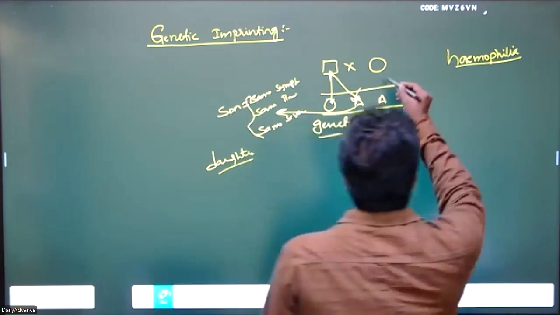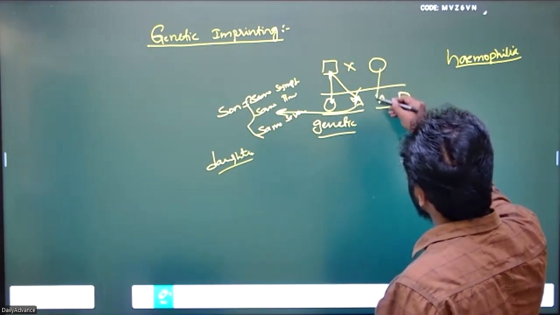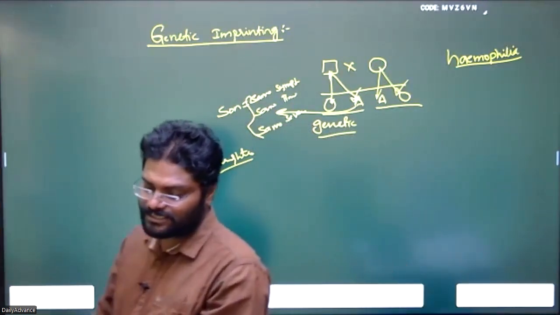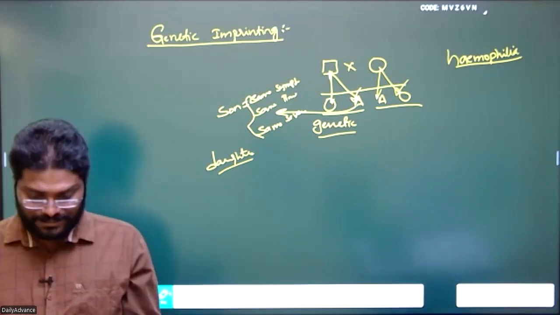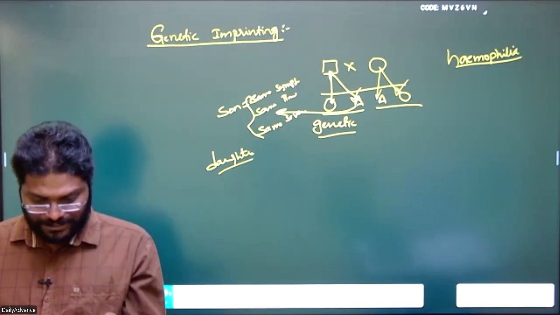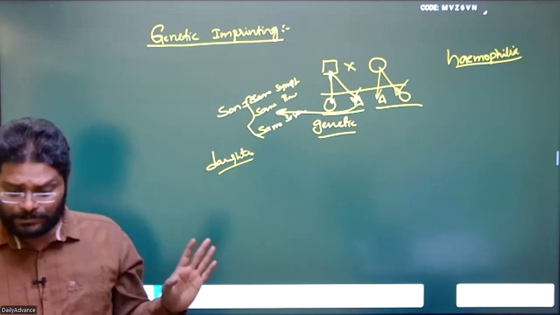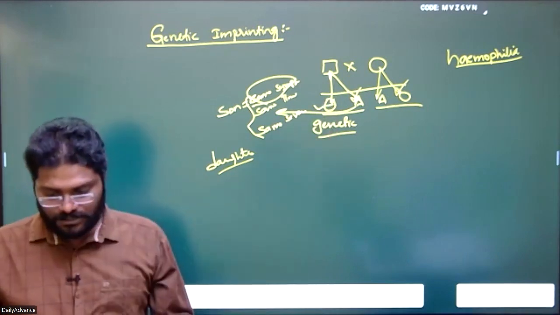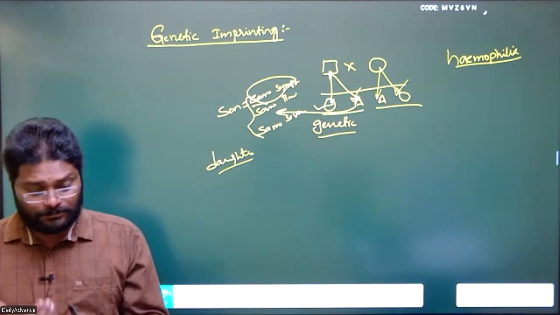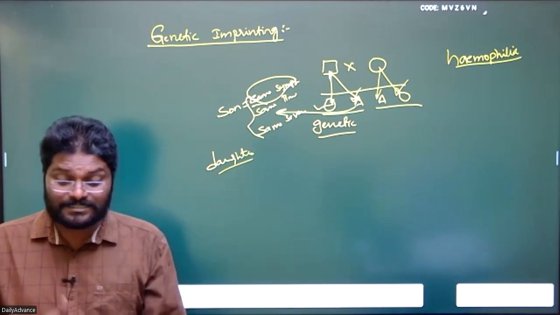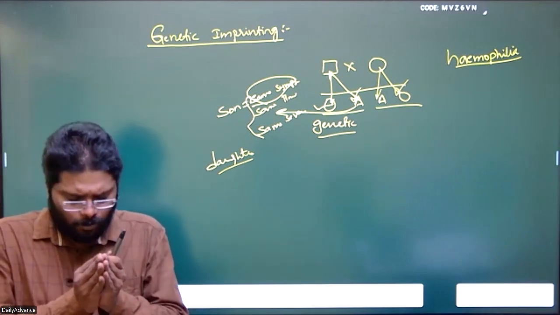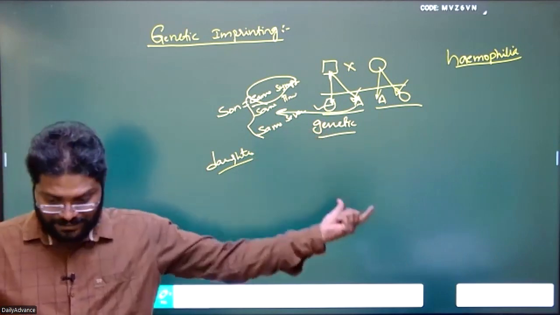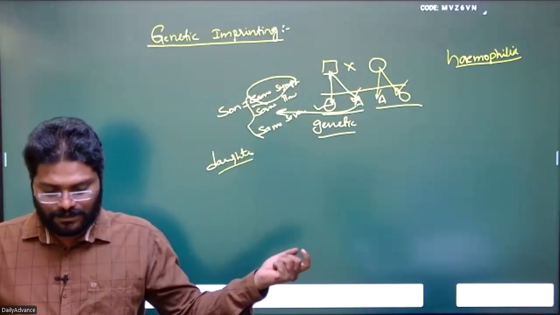If the disease comes from the mother, mother to son, mother to daughter, the same effect. Whether the source of inheritance of the genetic disorder is father or mother, the same severity, same time, same symptoms are expressed. If the same symptoms are observed in a daughter coming from the father, and again in another daughter coming from the mother, can we call it a different disease or the same disease?